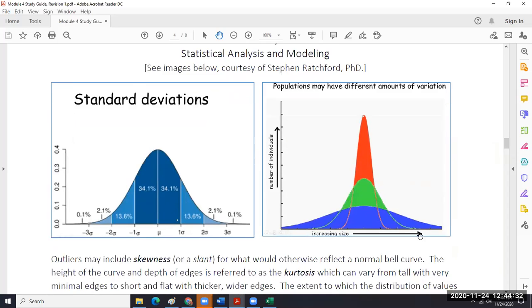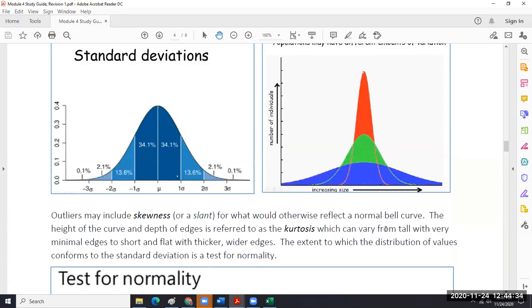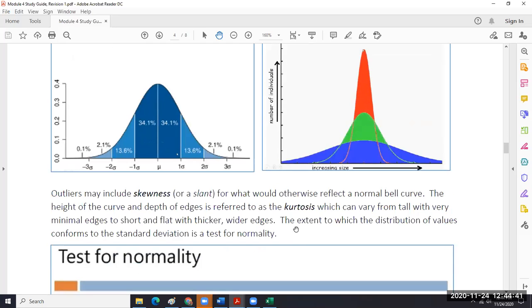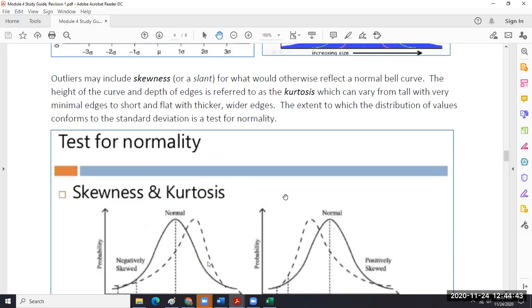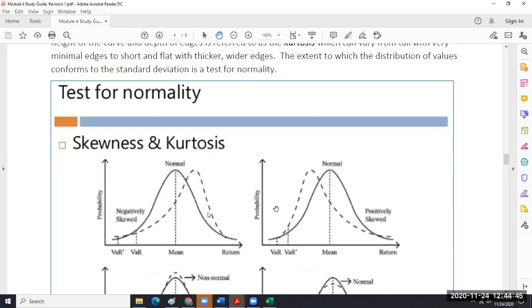That's referred to as the kurtosis, how tall and thin it is. And if there's a slant, that's called skewness, right? That tells you how the distribution of results or data points varies from a normal curve. So if you have a standard deviation that normally traces, how do your results differ?